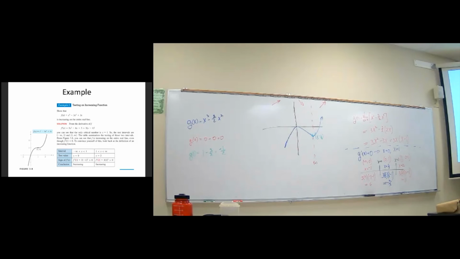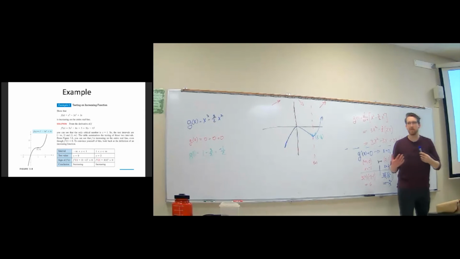At 0, the derivative of our function is positive, so our function is increasing. And at 2, the derivative of our function is positive, so our function is increasing. So what we've got is our function is increasing, flattening out at 1, then increasing again. That's what's happening here.